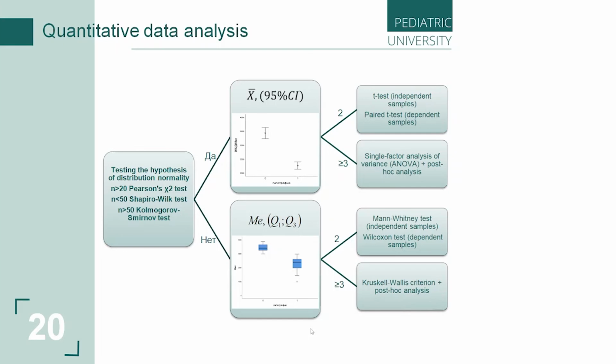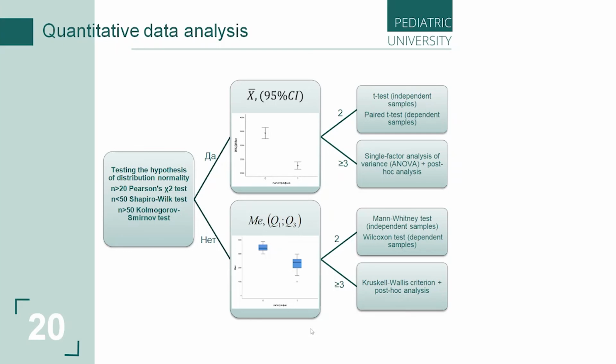So we are done with the quantitative data analysis. And I will give you again on the slide an expanded scheme of the algorithm of our actions. Firstly, what should we do? We should test the hypothesis that the distribution is normal using the following criteria.